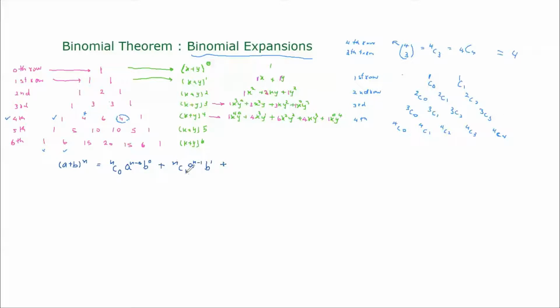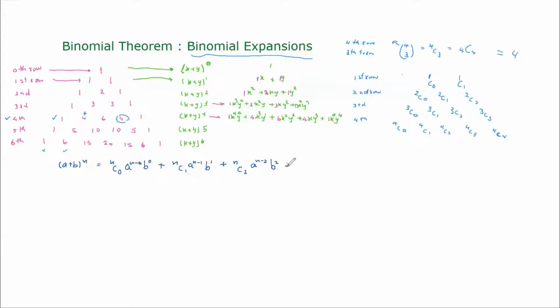Now this nC1, next should be nC2. And then for a, you see a^(n-1), so this one is going to be n minus 2. And b you get from here, becomes power 2 here.